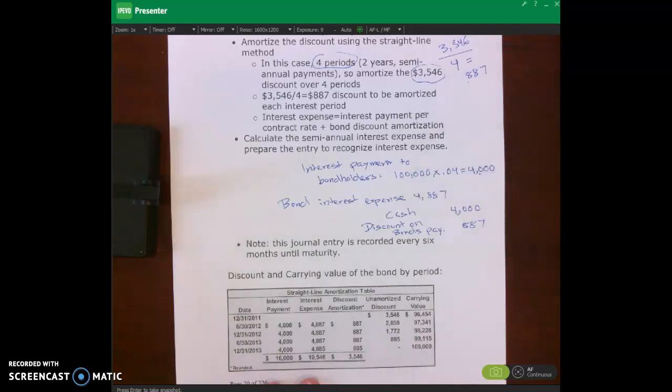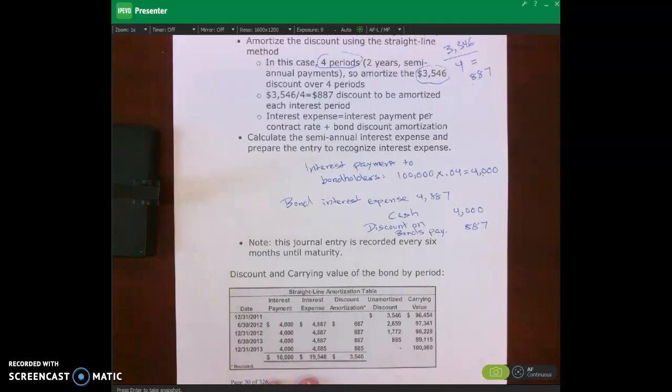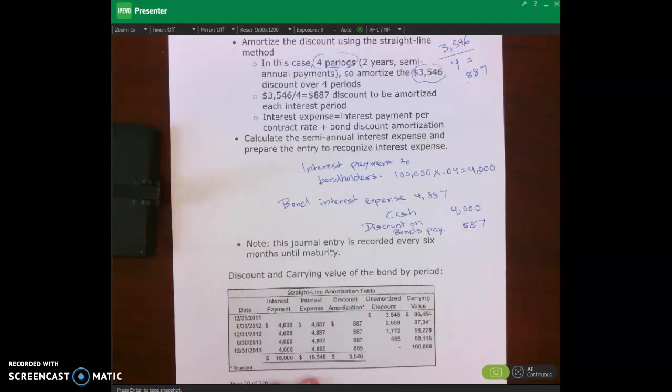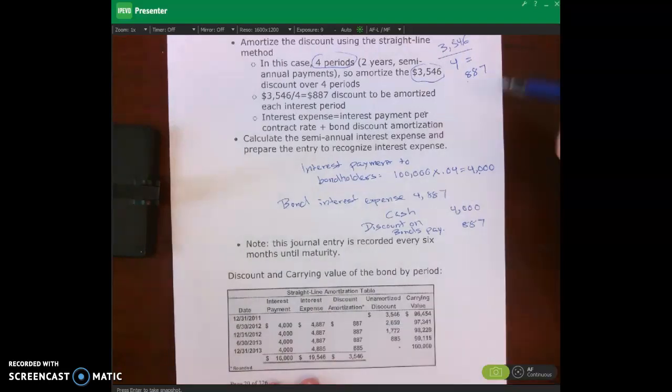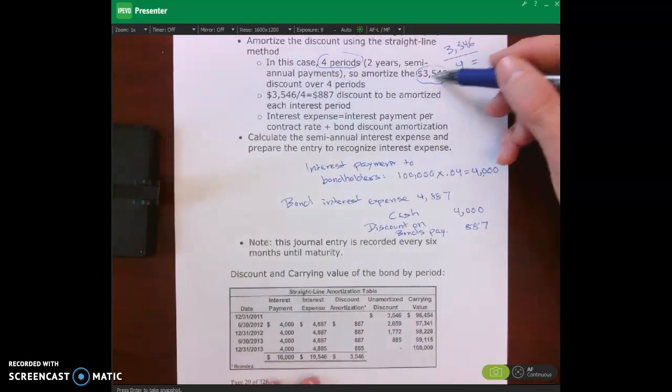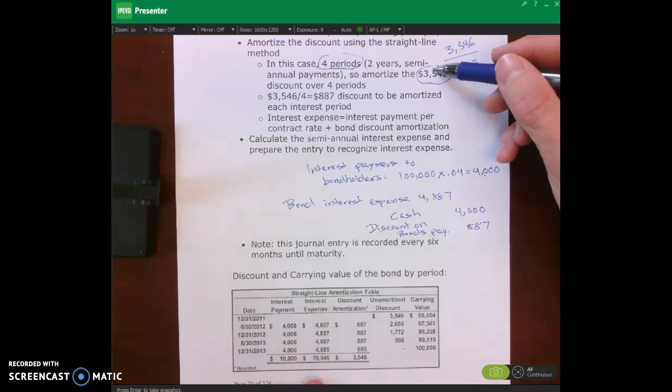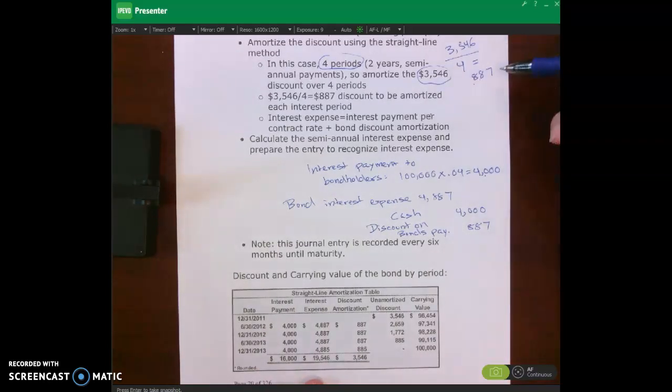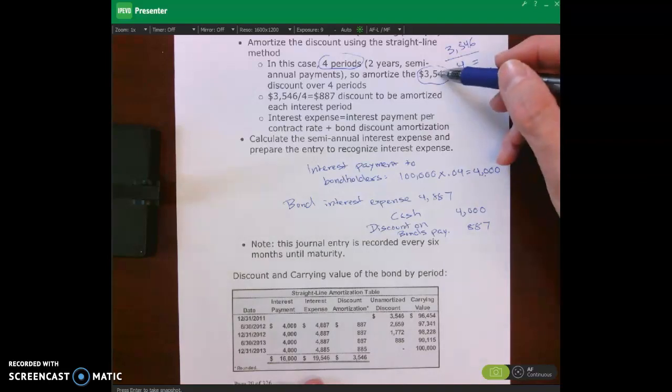This is how much cash we got, but yet we still have to pay back $100,000 at the end of 2 years, which is the maturity date, 2 years from now. So we have this 3,546, which is the difference between how much cash you got and how much you have to pay back.